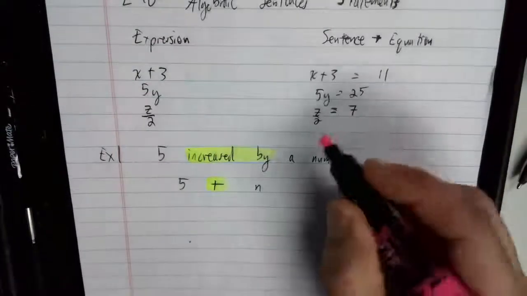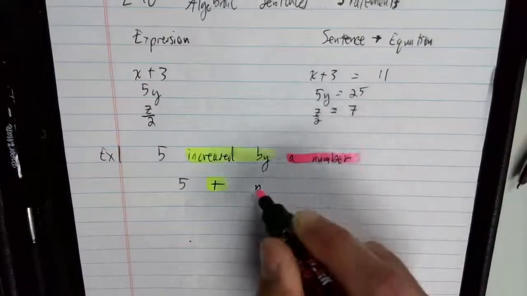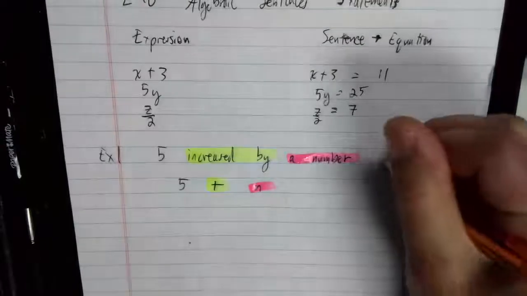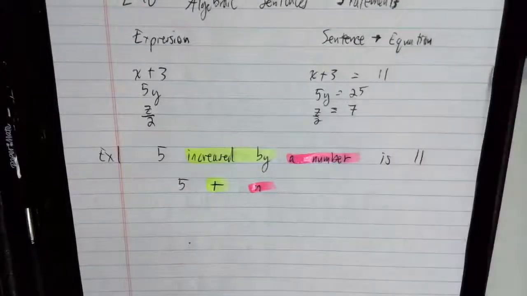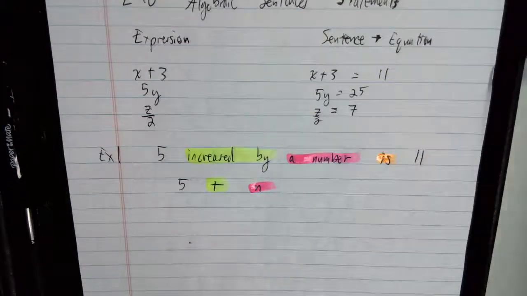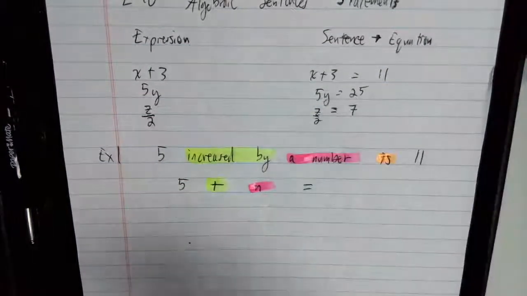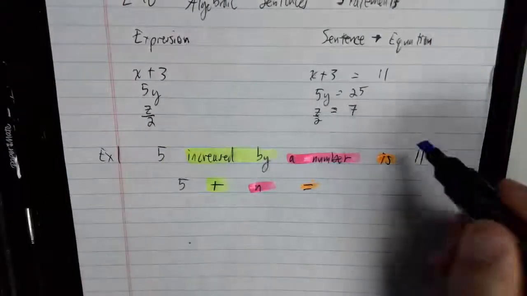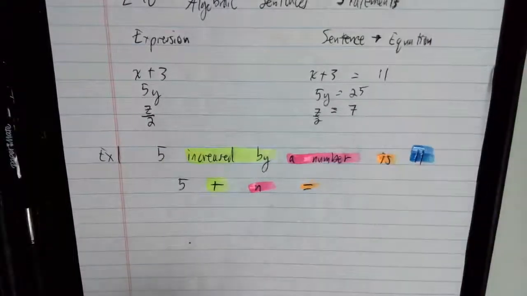And a number is awfully vague. Why do you think they do that? Because it's unknown. The only jump we're going to make today from there is 11. I spot an "is." That means I'm going to have an equal sign. Then we're saying that is, or that produces, 11.